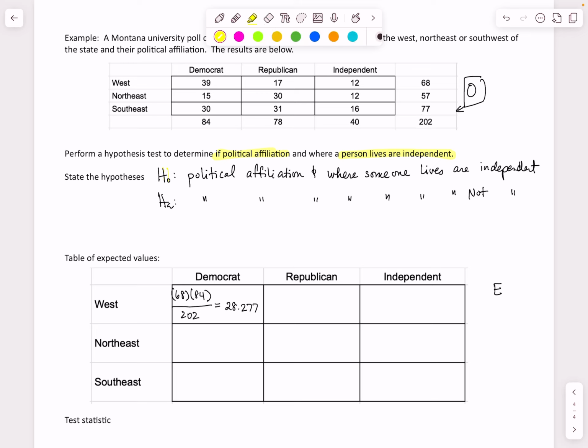So if we want to look at this one, we need to do its column and its row and the grand total. So this will be 68 times 78 over 202, which gives you 26.257.